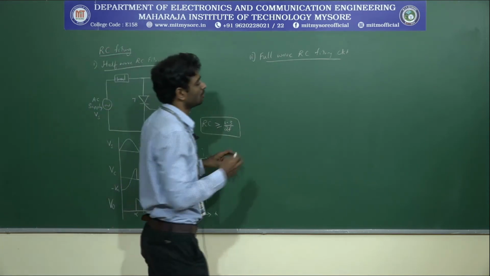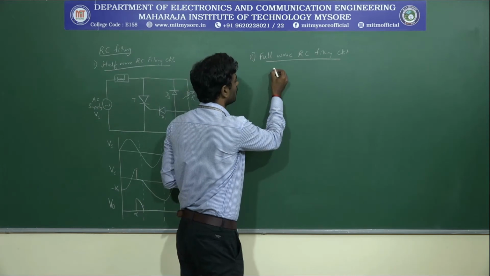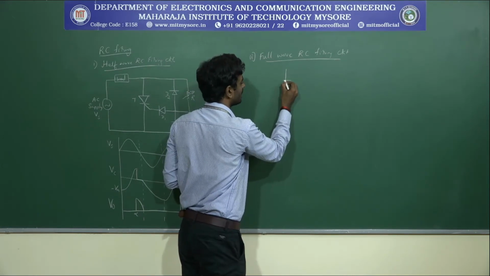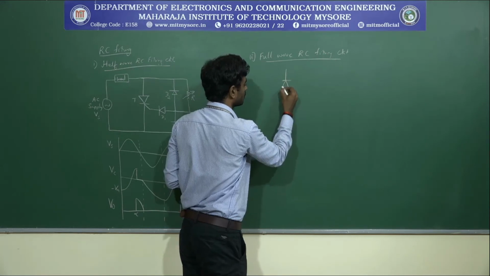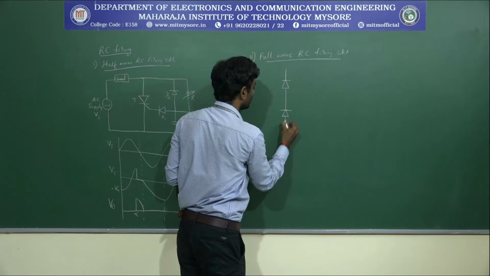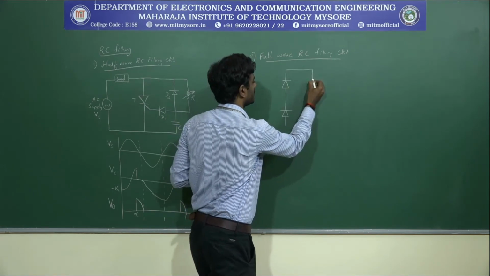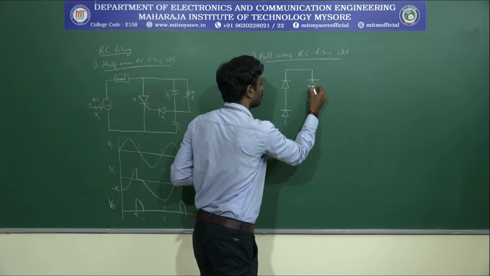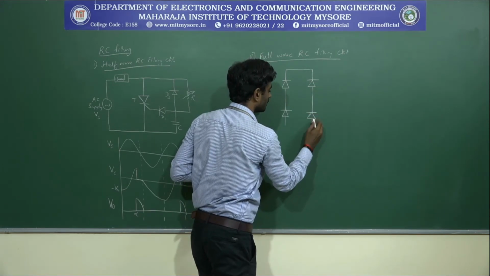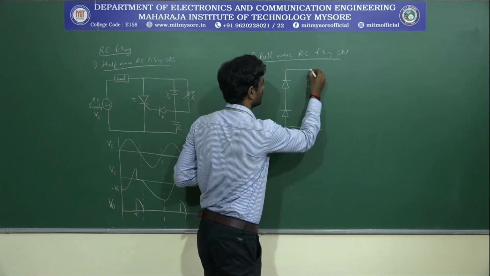If you consider the full wave circuit here also, I need to design some rectifier circuit, where for your rectifier circuit you will be using a bridge rectifier. That means you have to use 4 diodes that should be connected across your thyristor.